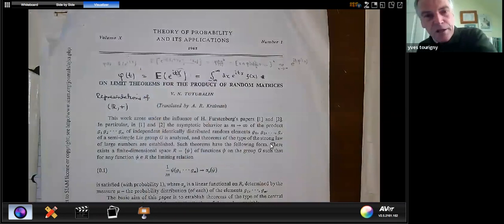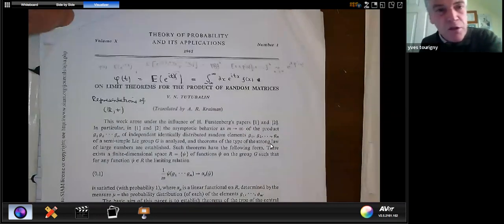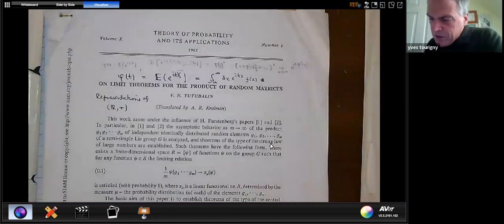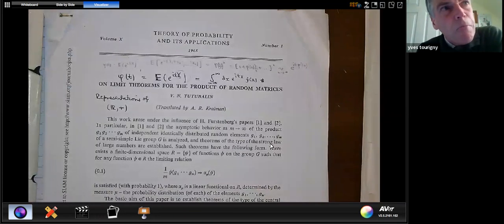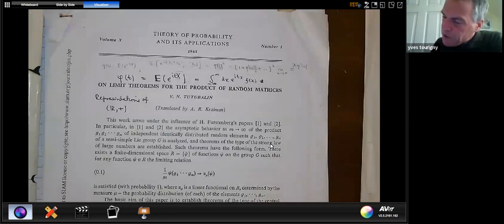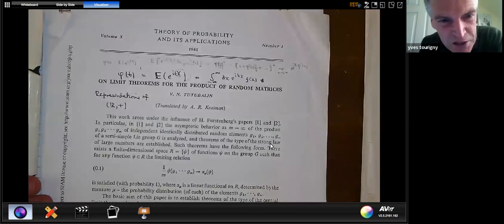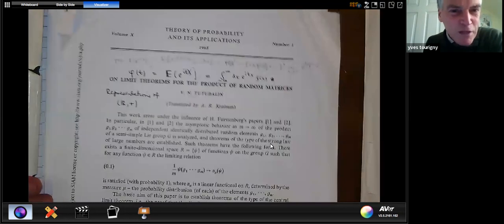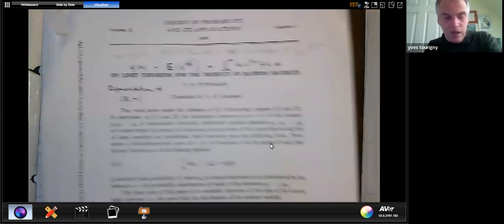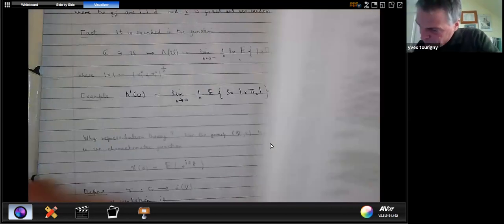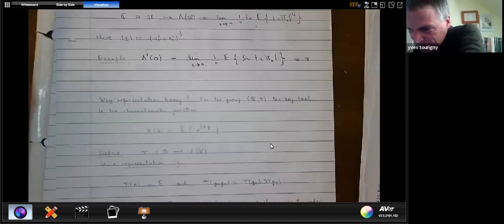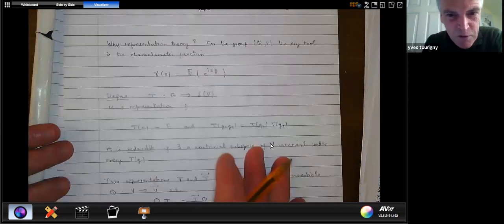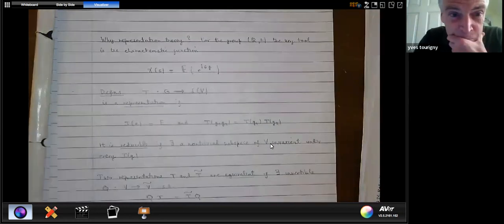So all this to say that when we look to have a central limit theorem for products of matrices, we'll be looking for things that play the role of exponential functions on the group of interest. And these are precisely what the representations of the group do. The representations of a group are essentially the exponential functions of the group. Right, well, I don't know if I've done that very well, probably not, but this is how I'm trying to sell that representations are important for what we want to do.